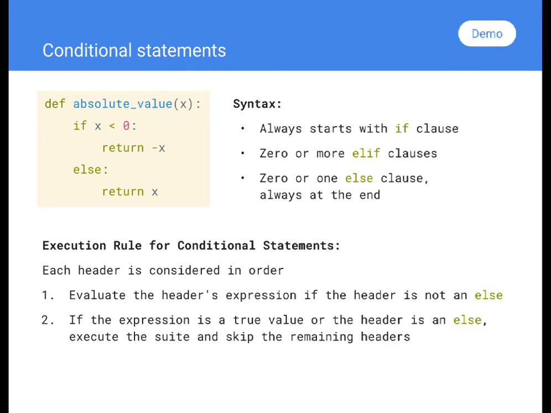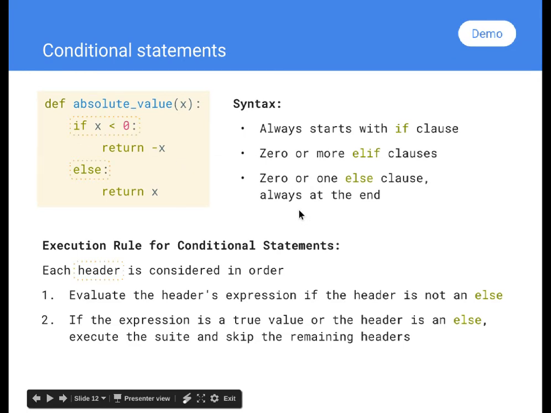So if my number is -2, I'm trying to find the absolute value of -2. I'll go to the first header, which says if x is less than 0, and I see that that is true for -2. If -2 is less than 0, which is true, I'm going to use this return line and return +2. And at that point, we're done with this program. So we only consider up to the first clause that is true.